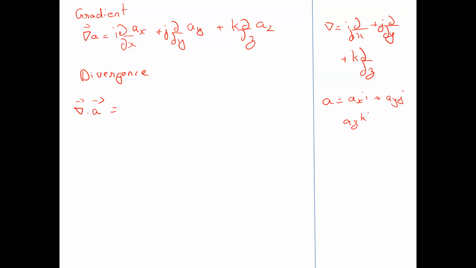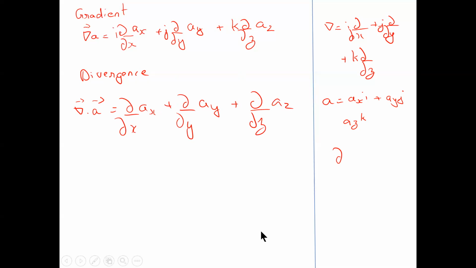You take the dot product of these two quantities. As I told you, for the dot product you multiply the coefficients of i, so this is d by dx of ax plus d by dy of ay plus d by dz of az. Now you can see this is a scalar quantity.